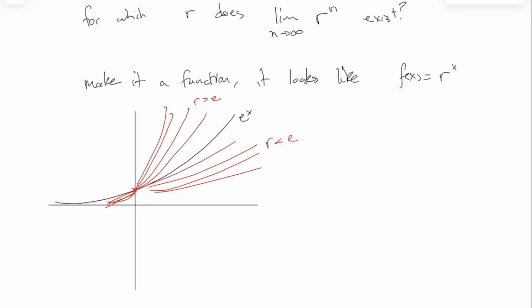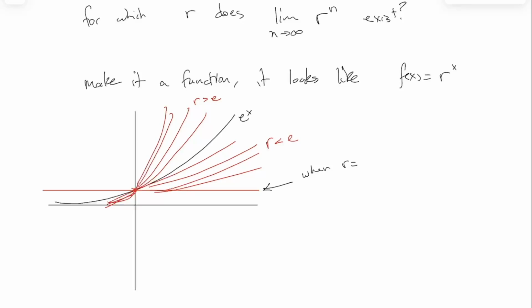If you make r super duper less than e, you end up with a straight horizontal line. This is the one which occurs when r is, can anybody say? If you continue to decrease r, you might think, can I just let r go all the way to 0?